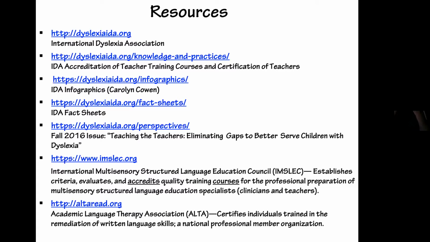Otherwise, there's the Test of Written Spelling, there's the new WIAT that has just come out, but you also get a lot of information just from anything that the student has written independently. But if you want a standardized test and all you're looking at is spelling, then the Test of Word Spelling is as good as any.